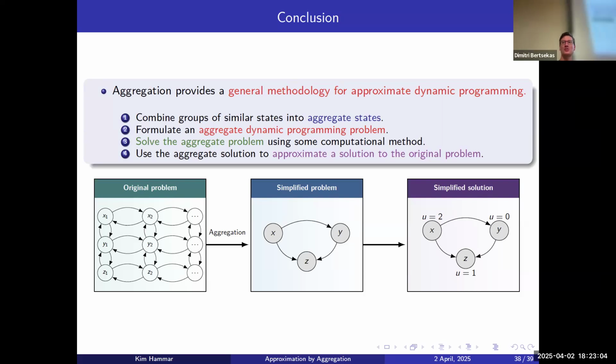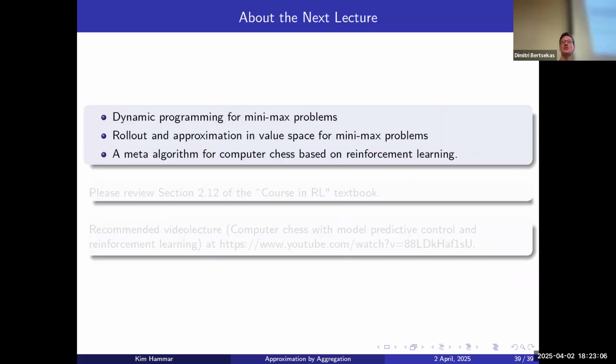And now I will hand over to Yushao to say a few words about the next lecture. Yeah, for the next lecture, we're going to talk about dynamic programming for minimax problems. And then we're going to talk about rollout and approximation in value space for minimax problems as well.